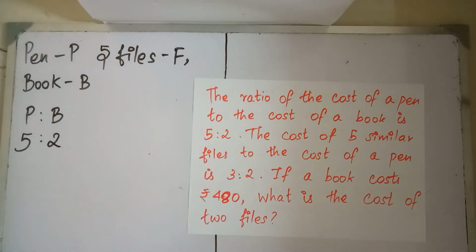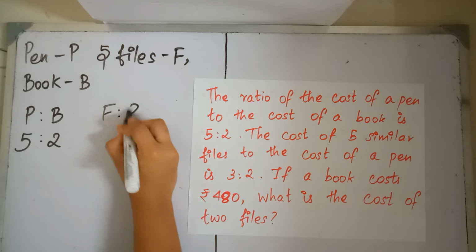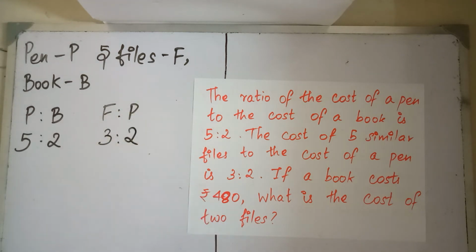Likewise, the cost of 5 similar files, which is F, is to the cost of a pen, F:P is 3:2. And then they have given us the cost of the book, and using that information we have to find the cost of 2 files.